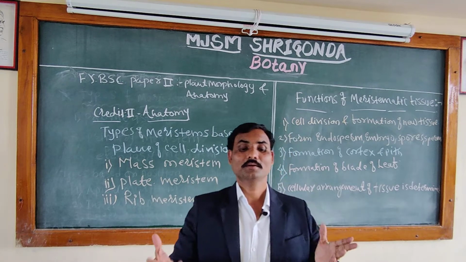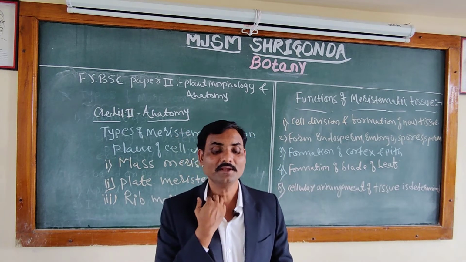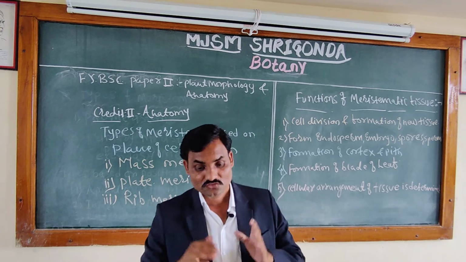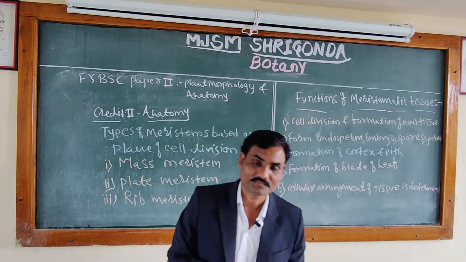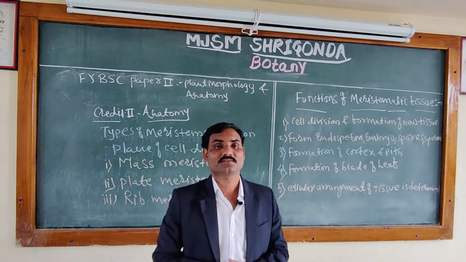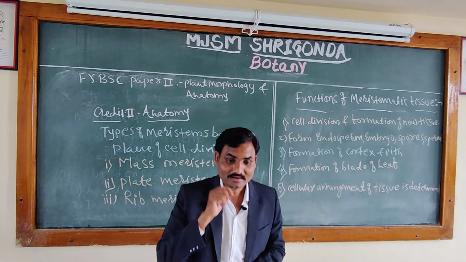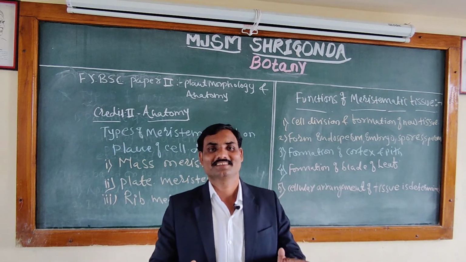Then what about plate meristem? What happens in plate meristem? In the plate meristem, those cells divide in two planes. Cell division takes place in two planes. Thus, there is an increase in area of the organ.